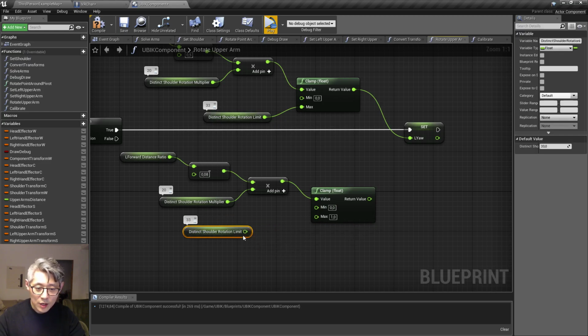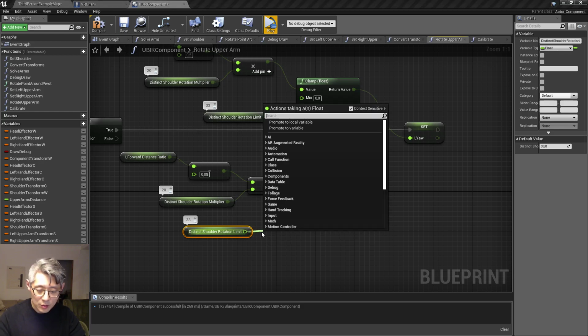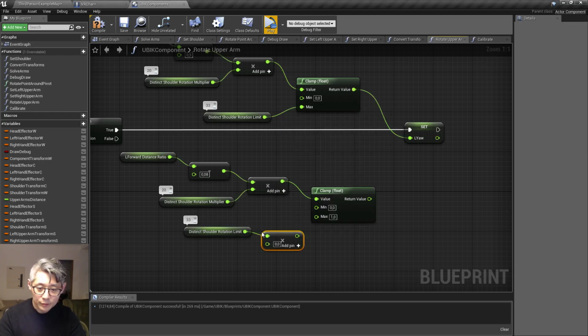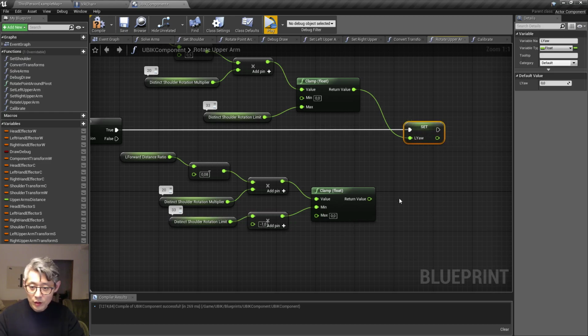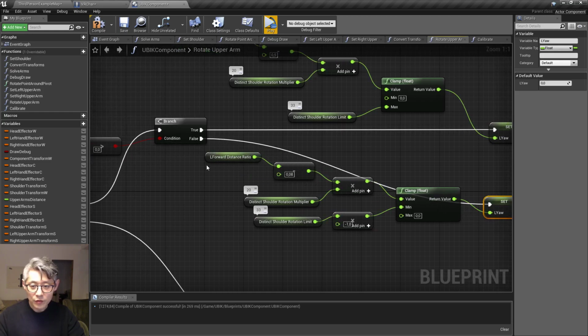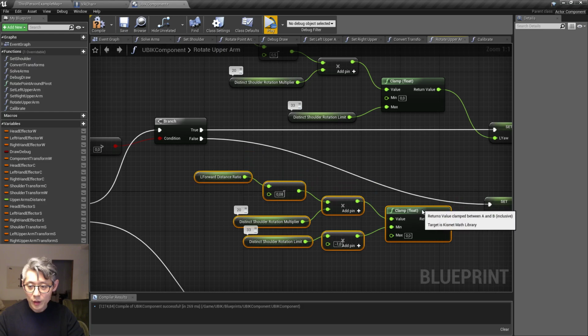So we take the same limit, but we multiply this by -1. Like this, and I think this should be 0. And then we set the yaw here. This is if the hand is behind the back, behind the shoulder.